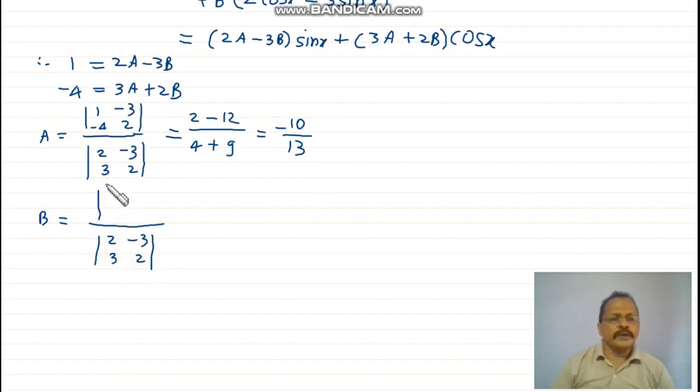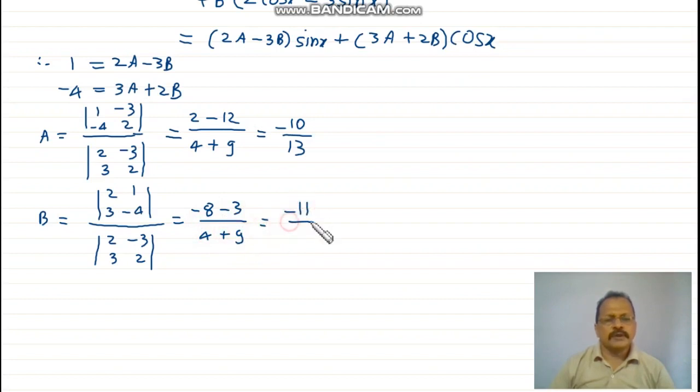Now to find b, replace the coefficients of b with the constants, 1 and minus 4. This equals (minus 8 minus 3) upon (4 plus 9), equal to minus 11 upon 13.